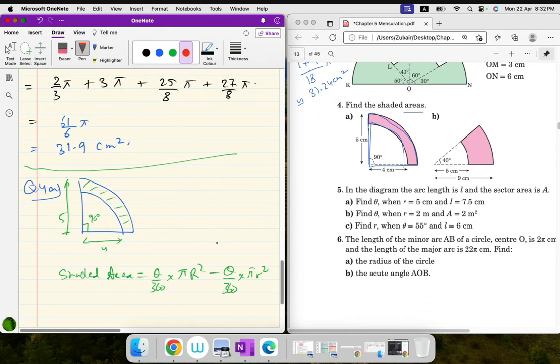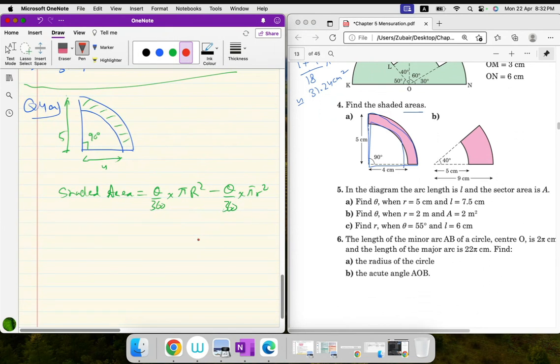This capital and small letter has nothing to do with the logic, just to differentiate. Angle by 360 into pi 5 squared minus angle by 360 into pi 4 squared.